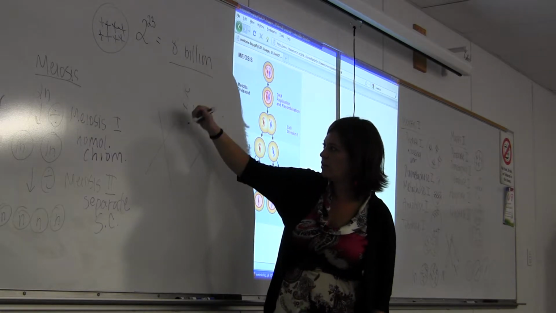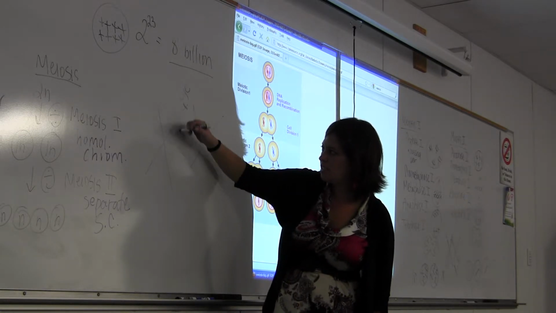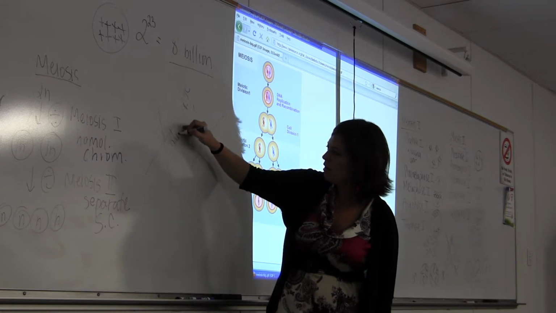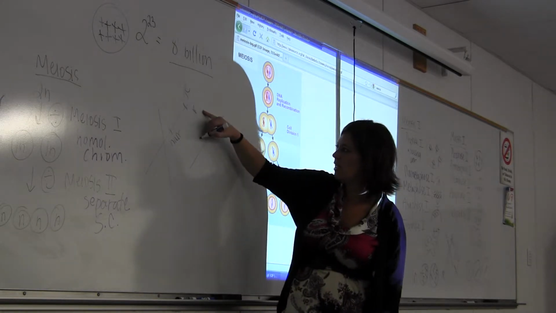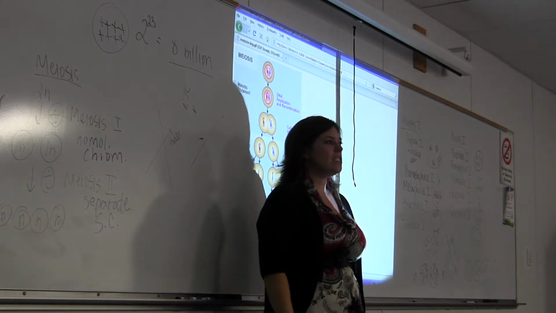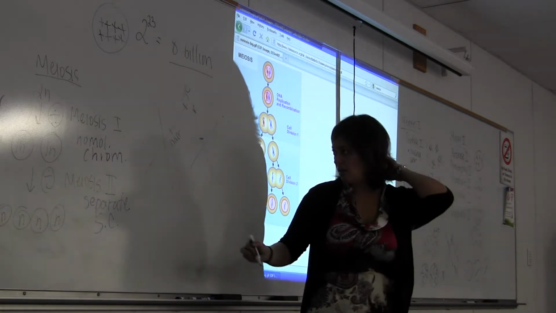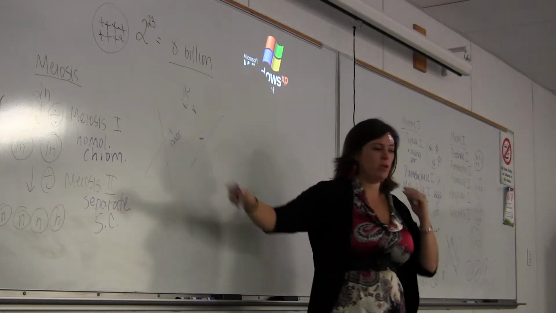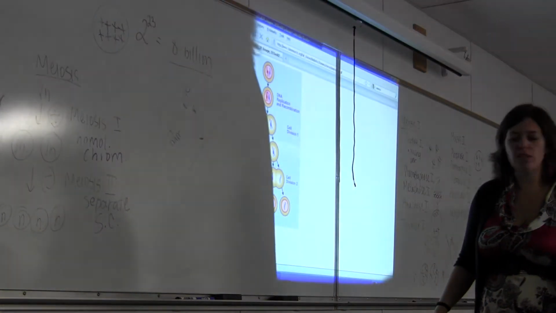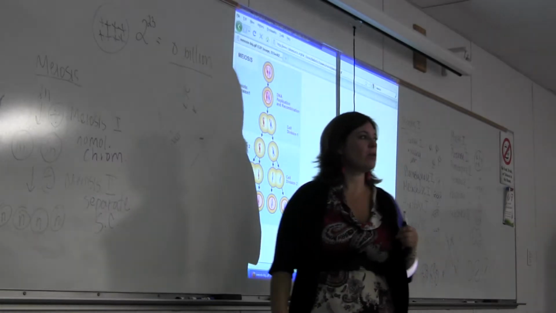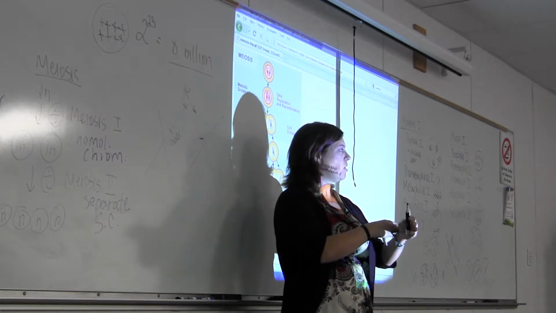So this is eye color, and let's just say this is hair color. And same thing on mom's. This is eye, this is hair. So depending on how far apart genes are on the same chromosome, that can dictate whether or not those genes will be separated from one another if they get crossed over.